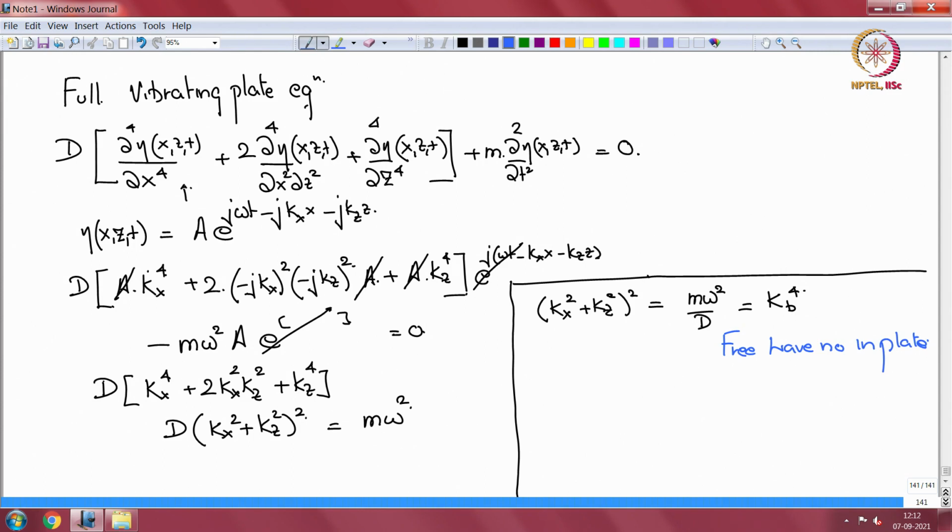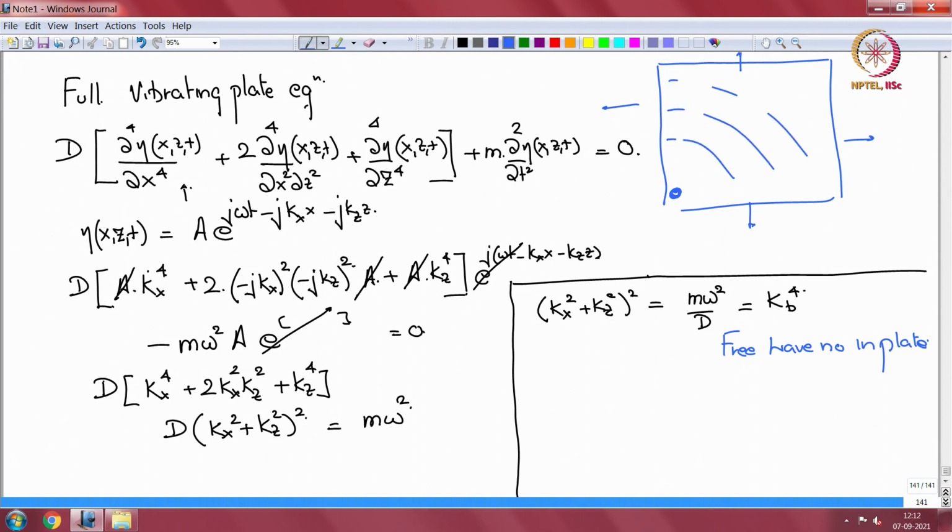That means what? I have an infinite plate that goes out to infinity, and somewhere locally far away I have given a local excitation, as a result of which wave numbers are propagating, and at ω it is this kb to the fourth, the free wave number in the plate.